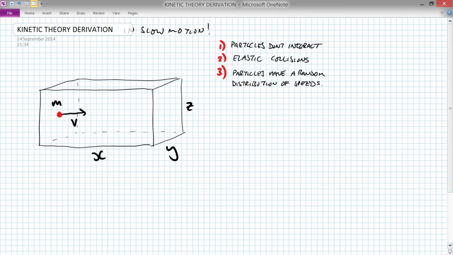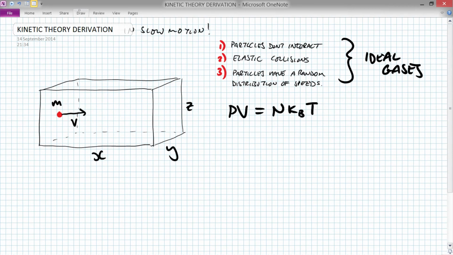So the whole point of doing this really was that last week we had this equation, the ideal gas equation. By the way, these are our 3 rules for all ideal gases. And last week we had the equation PV equals NkBT. And that's fine.